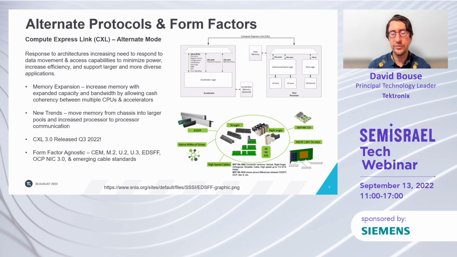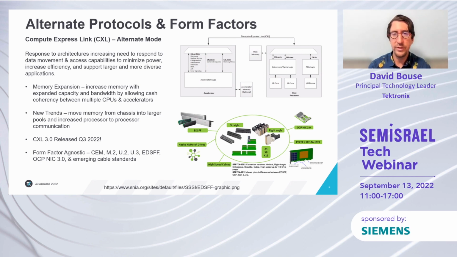And new trends that we're seeing with the release of CXL 3.0 that happened Q3 of this year, so just recently, is a move towards more of a pooling of memory out of the chassis that can be shared across these compute nodes. The interesting thing about CXL is it is form factor agnostic.